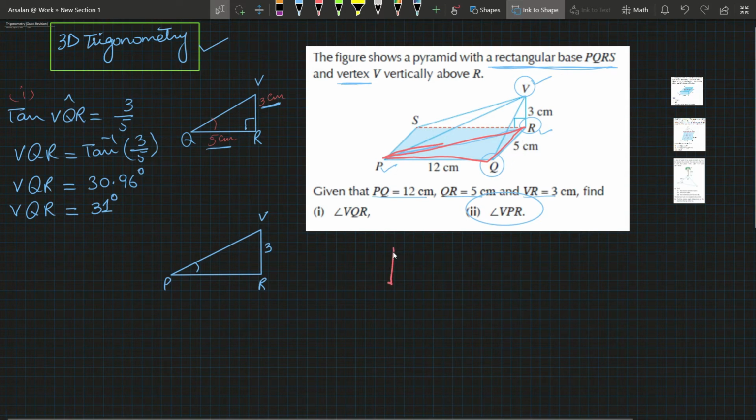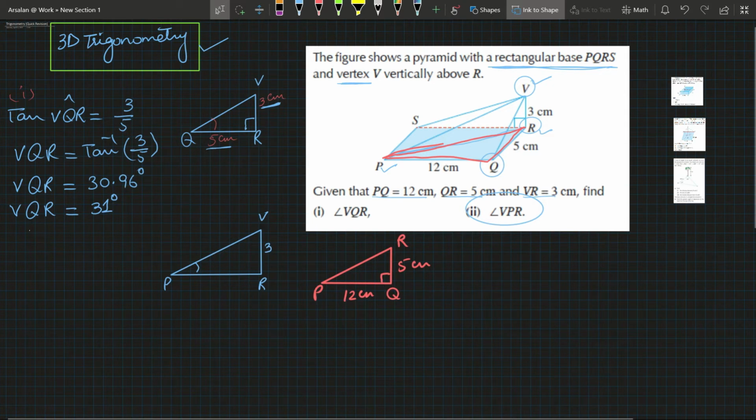Now PQR is also a right angle triangle because in the base we have a rectangle, and a rectangle has corner angles of 90 degrees. So I'm taking triangle PQR before solving my actual question. PQ is 12 centimeters, QR is 5 centimeters, and I need to find the length of PR, and here we have a 90 degree angle.